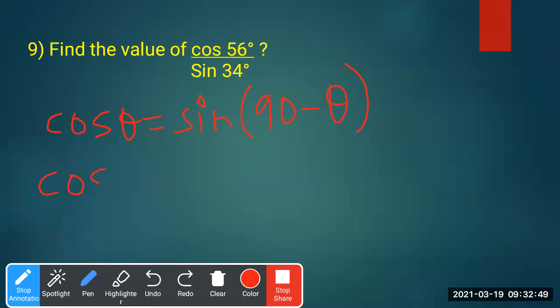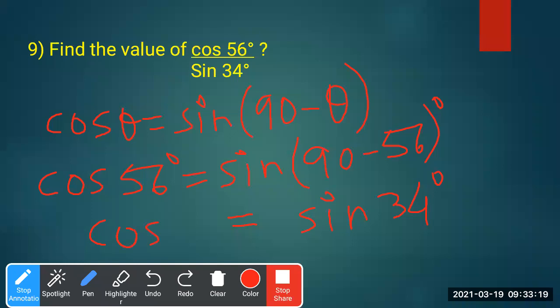So cos 56 degree is equal to sin 90 minus 56 degree, which gives sin 34 degree. So cos 56 is equal to sin 34 degree. Now substitute this value of cos 56 in this equation.